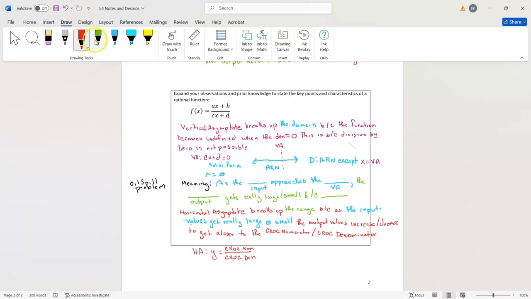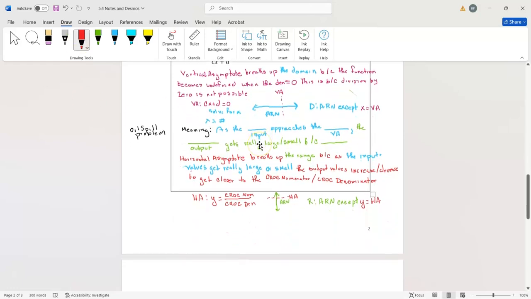And we know that this means now we have up and down, that's our range, and this would be all real numbers except that now we're putting in this horizontal asymptote. So the range is going to be all real numbers except wherever that horizontal asymptote ends up, and that's y equals the horizontal asymptote.